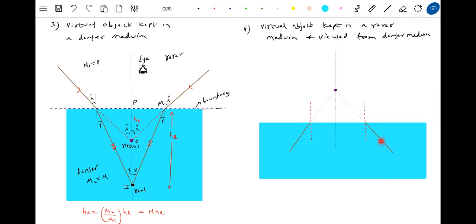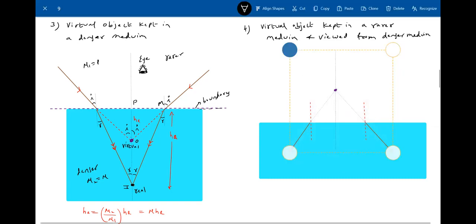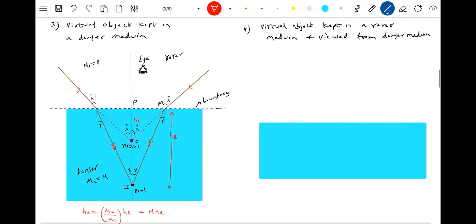Now the rays are moving from denser to rarer. So what should happen to the rays? The rays should bend away from normal. Let me redraw it. So this is the real object.